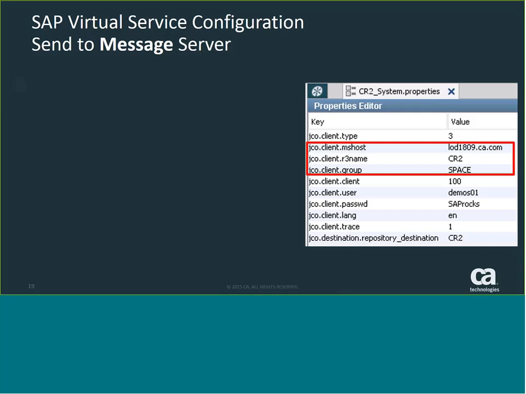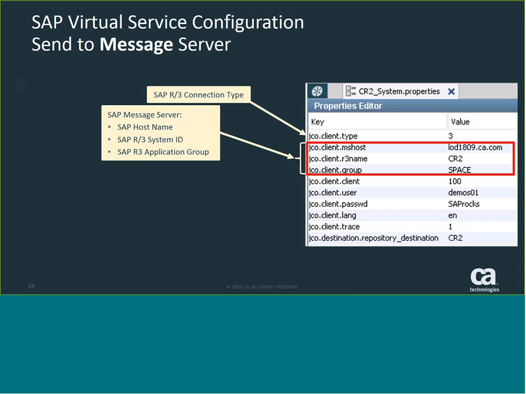For the message server connection, we need to specify first the type of the connection, which is always stream, meaning that it is a connection to an R3 system. The next three settings specify the message server for an SAP system, for the SAP system CR2, running on that host there. And we want to connect to this base application group.